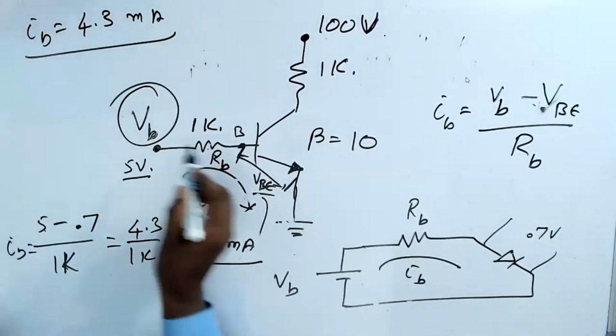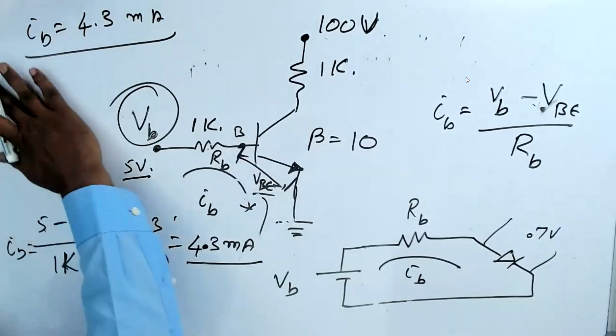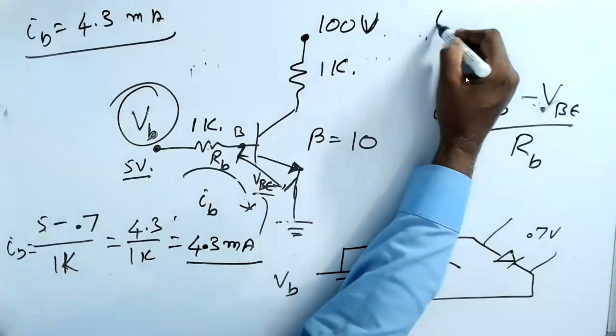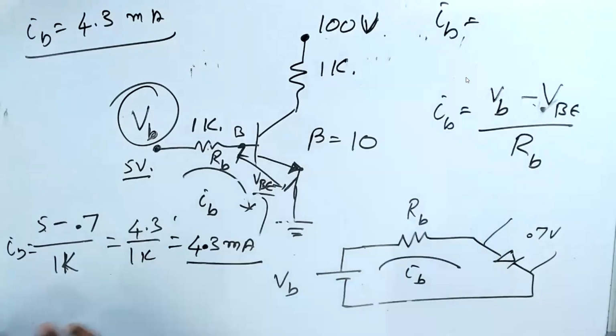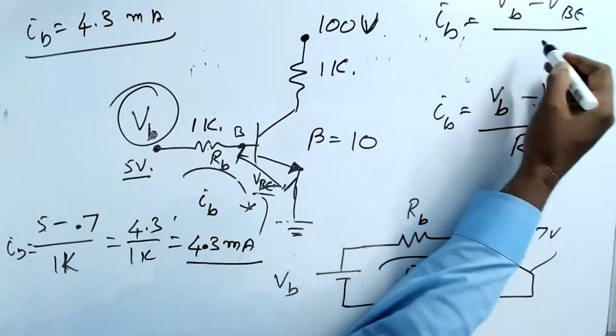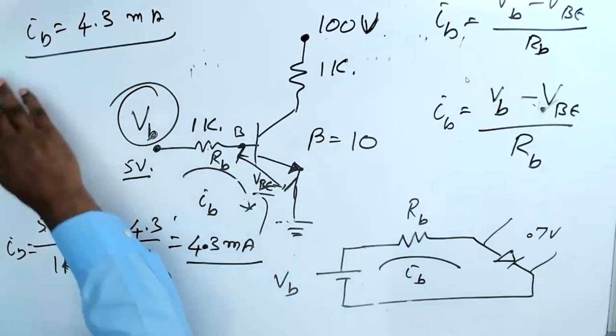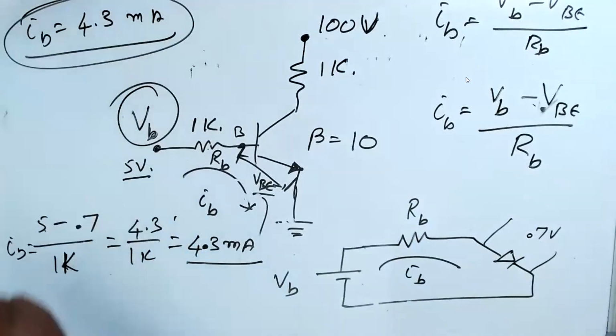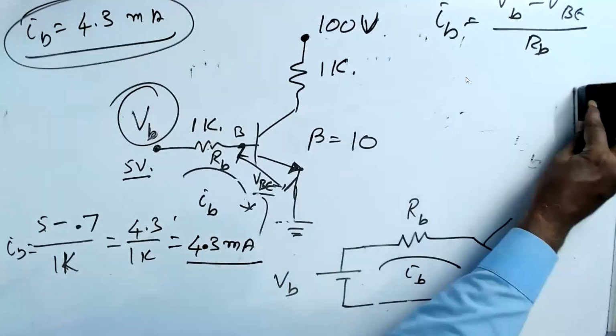What is the equation? IB is equal to VB minus VBE divided by RB. Now you calculated that is 4.3 milliampere. Now, this is the first step.